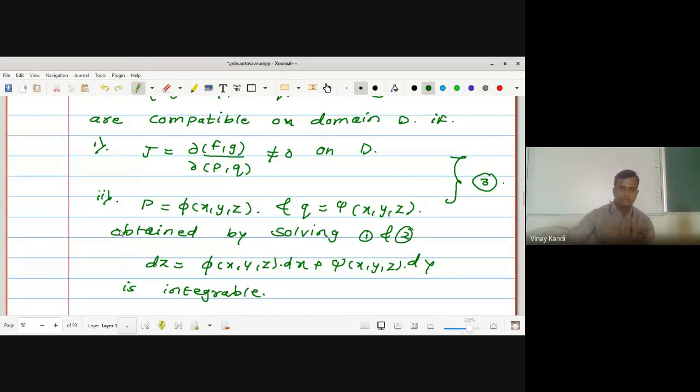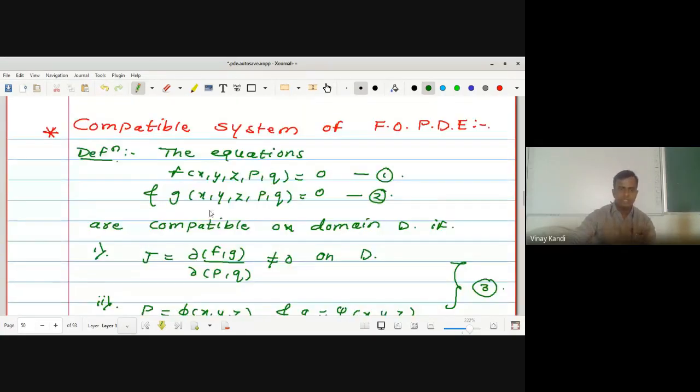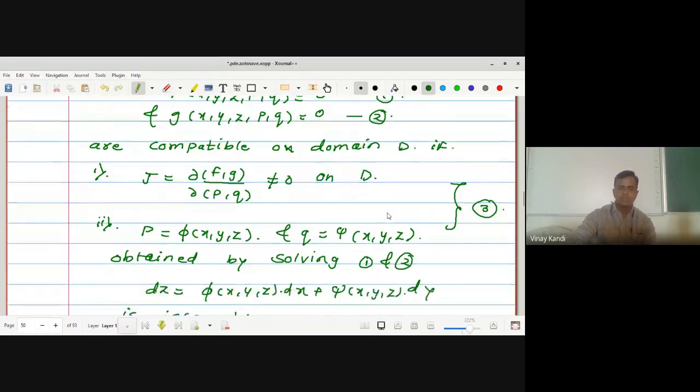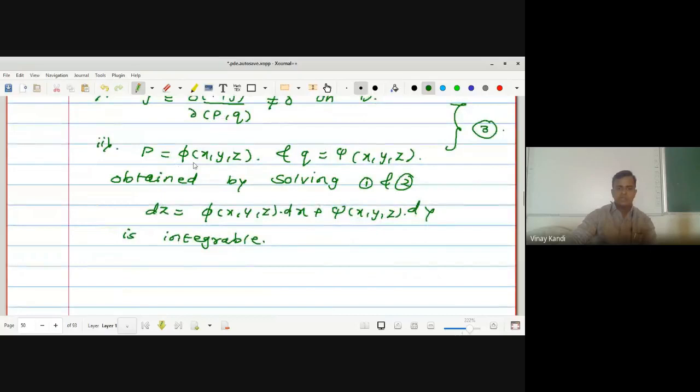Okay, what is a compatible system? If f of x, y, z, p, q is equal to 0 and g of x, y, z, p, q, the first order partial differential equations, are said to be compatible if the Jacobian of f, g with respect to p, q is not equal to 0 on the domain D. So D is the domain, and p is equal to phi of x, y, z and q is equal to psi of x, y, z, obtained by solving equations 1 and 2.